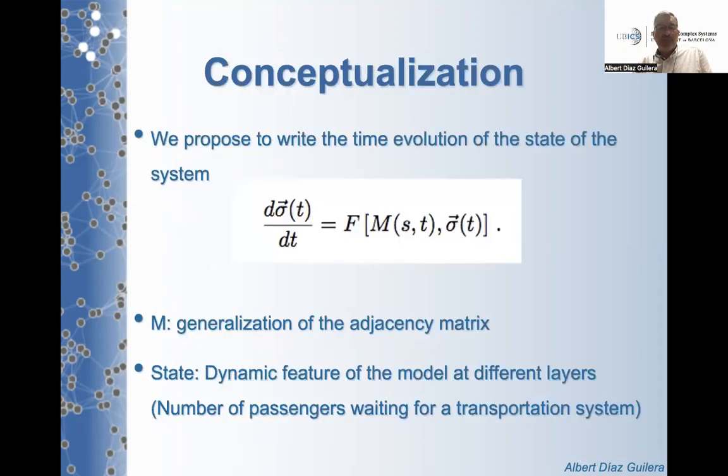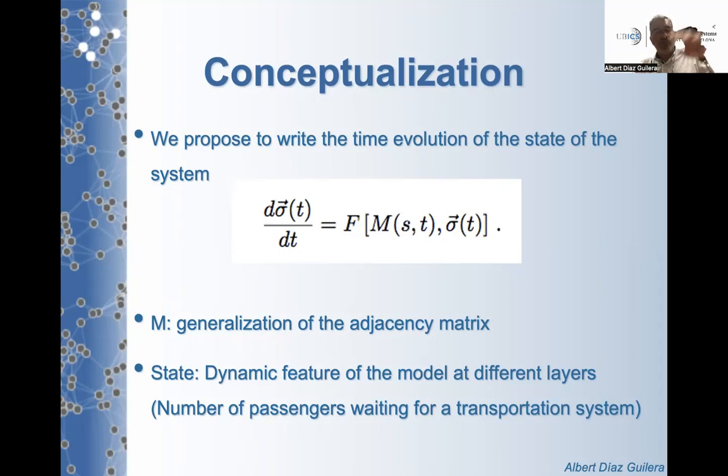Let me put the first slide on the idea of this conceptualization of the dynamics in a multiplex network. What we have is not so different from a simple network, in which we look at the state of some variable, a vector that characterizes the state of the different nodes at different layers.